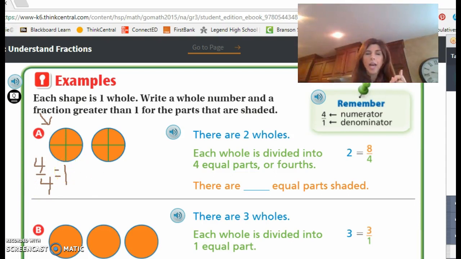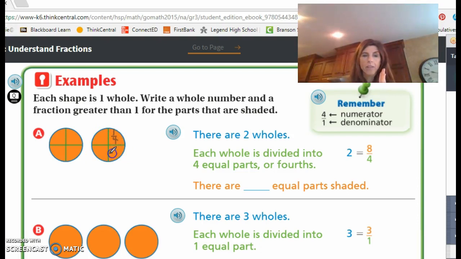Now, let's take a look at both of these. There are two wholes. Each whole is divided into how many parts? These are called fourths. Each one is called a fourth.